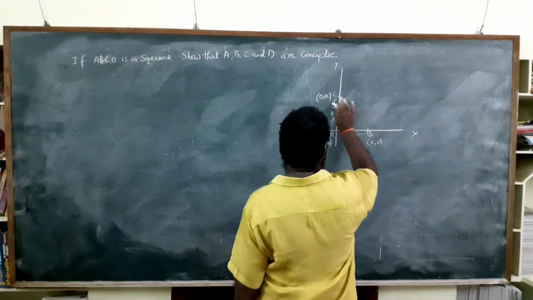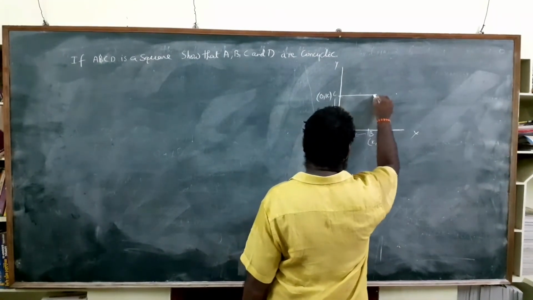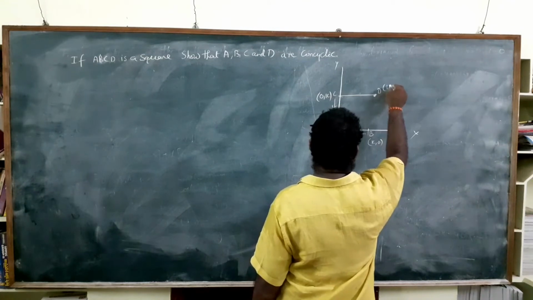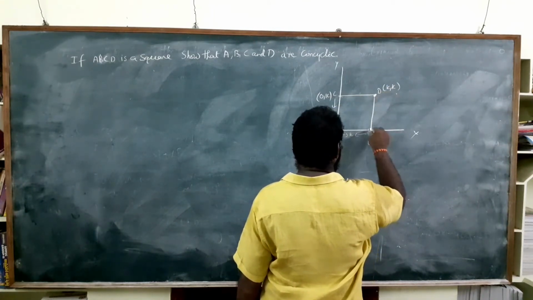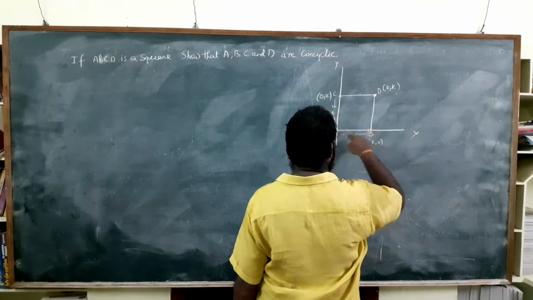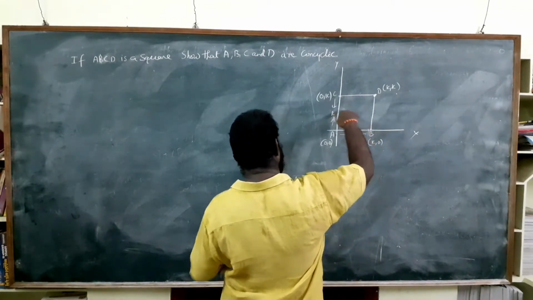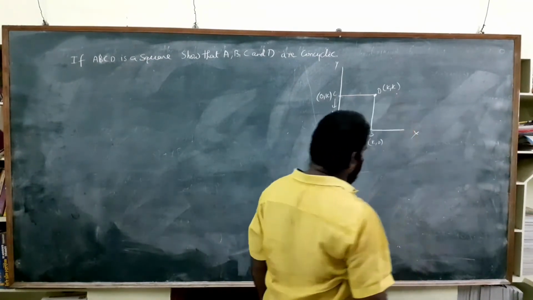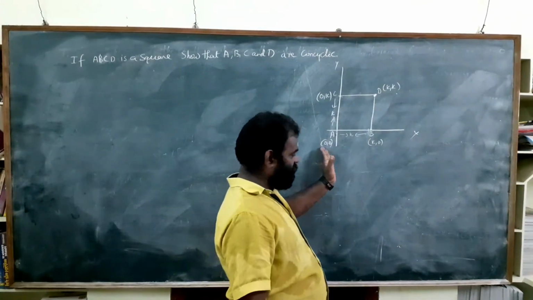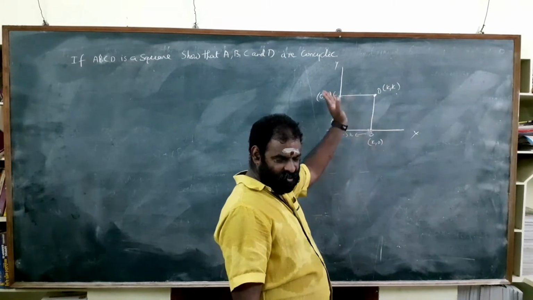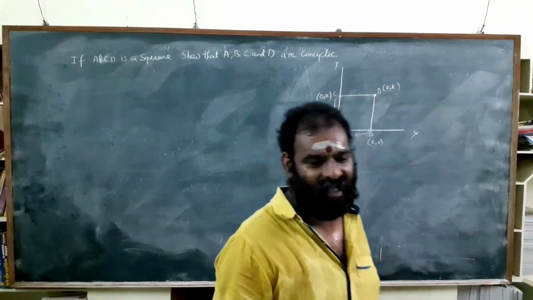And now here there is another point D which becomes k comma k because the distance from here to here is k. And this to this is k, so the point becomes k comma k. So now the vertices are 0 comma 0, k comma 0, 0 comma k and k comma k.